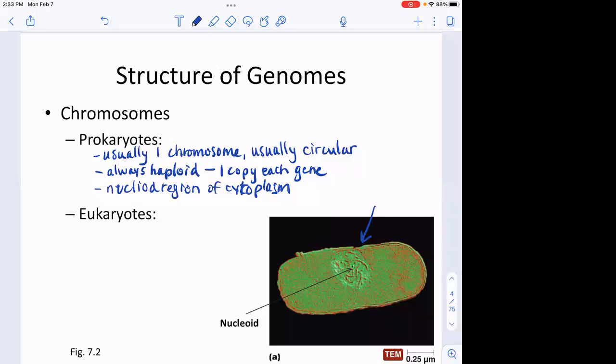Compare that with eukaryotic chromosomes. Of course, they usually are going to have multiple chromosomes. We have 23 pairs of them, so we have 46 chromosomes ourselves. They're going to be linear and diploid. We have 23 pairs, 2 copies of each chromosome, and they're going to be found in the nucleus.